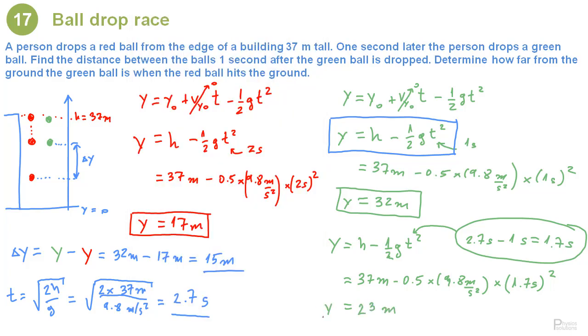So this is the coordinate of the green ball when the red ball hits the ground. So now we can answer the question. Determine how far from the ground the green ball is. Well, here's the answer. It's 23 meters. The green ball will be 23 meters from the ground when the red ball hits the ground.